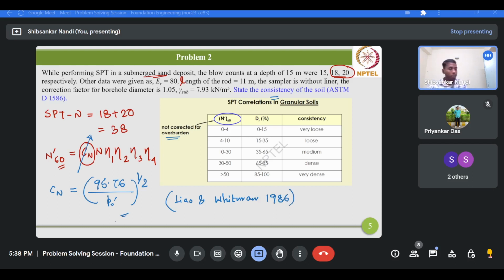If needed, you can determine the CN factor as per ASTM D1586, and here P0 prime is nothing but the effective overburden pressure at the required depth.